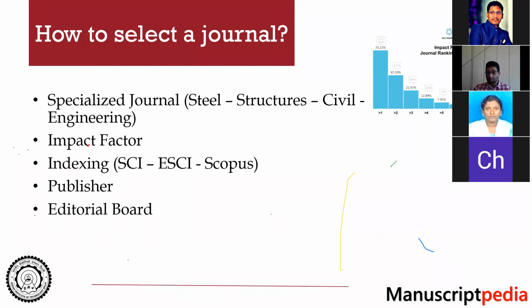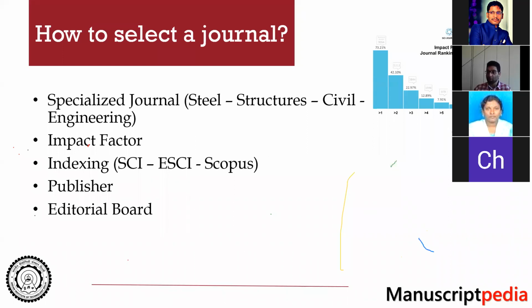Next is the editorial board. It so happens that at some point of time a journal is doing good, but because of degradation in their editorial board, it loses its recognition slowly. You may have your paper in a very good journal now, but 10 years later that journal might lose its indexing.